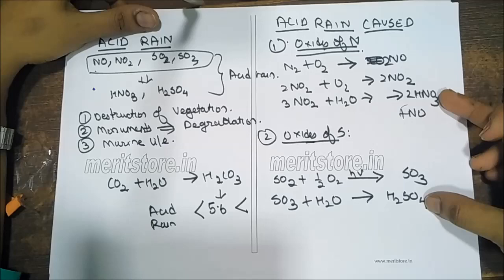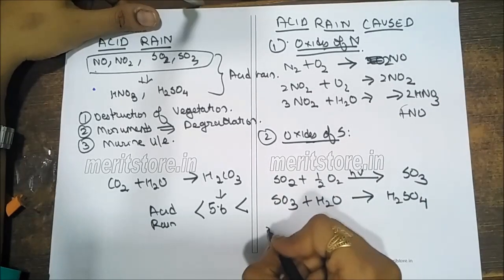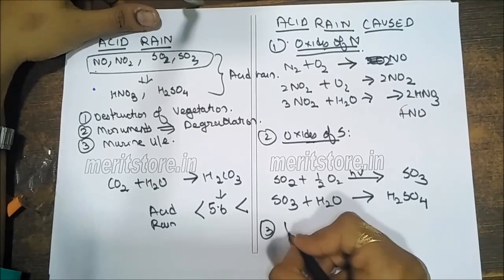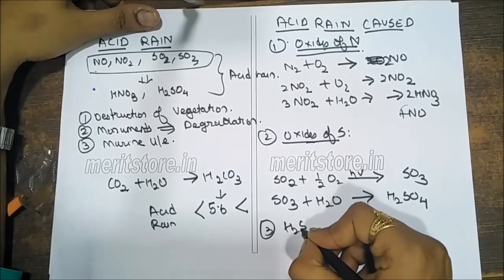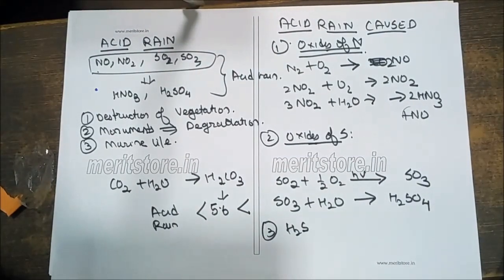Sulfuric acid and nitric acid both cause acid rains. Another source would be the presence of hydrogen sulfide gases. Since winds carry the majority of atmospheric contaminants across national borders, acid rain can travel from country to country. So it has become an international issue.